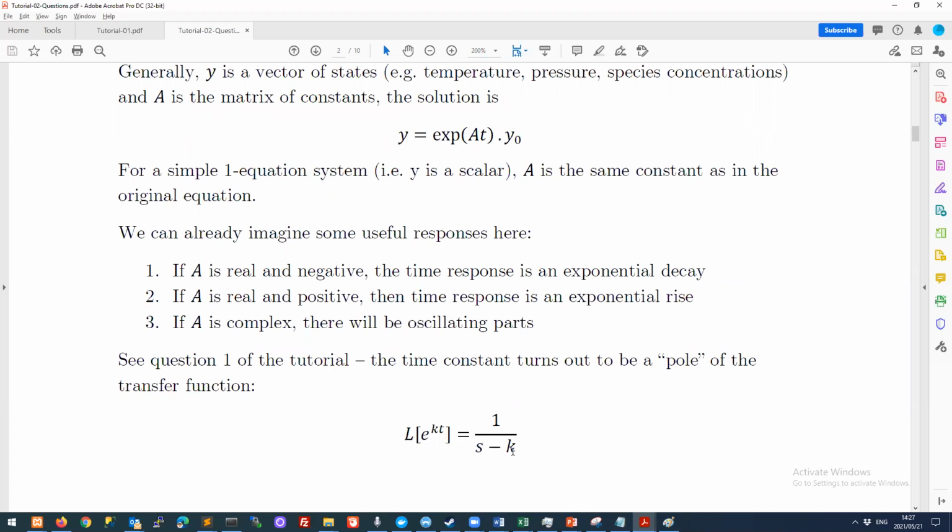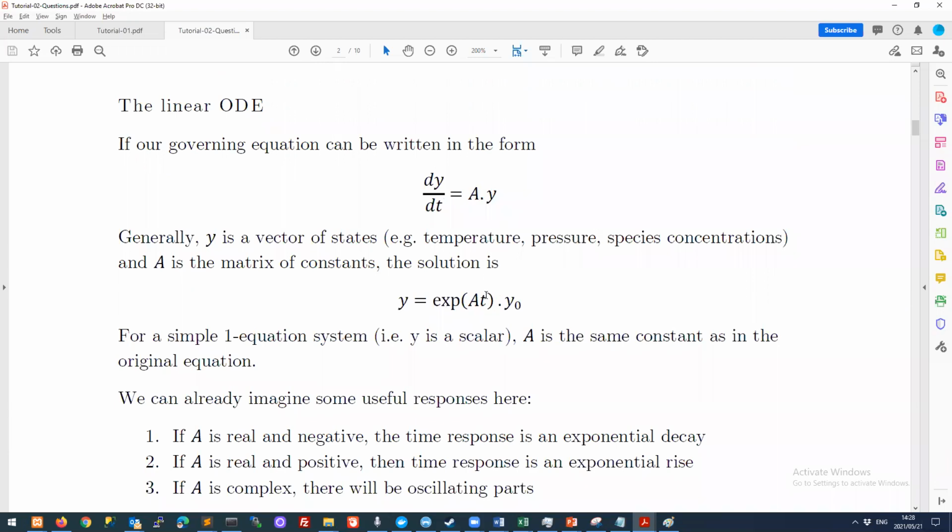So we call k a pole of this function because it's a value where this function goes off to infinity. If s equals k, then this is 1 divided by 0, and so that number is blowing up to infinity. So that's why k is a pole of this equation. Now, the pole of this equation is actually the time constant of our process.